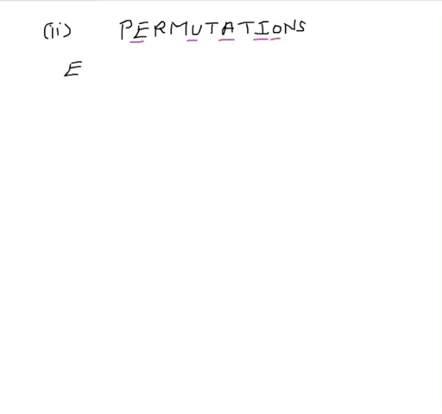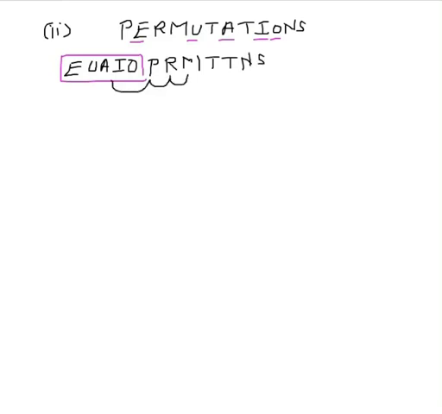Put them together and count them as one alphabet. Let us write the remaining alphabets. P, R, M, T, T, N, S. 1, 2, 3, 4, 5, 6, 7, 8 alphabets we have to arrange, out of which we have 2 T's.